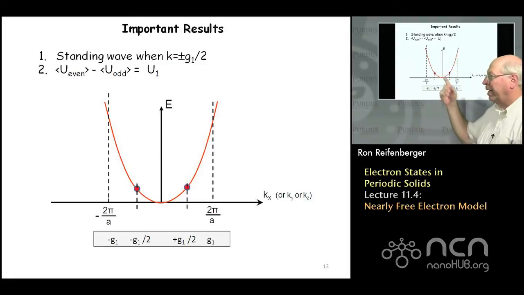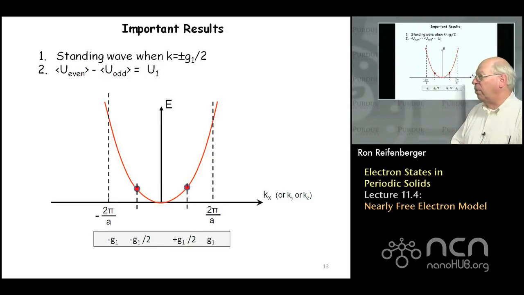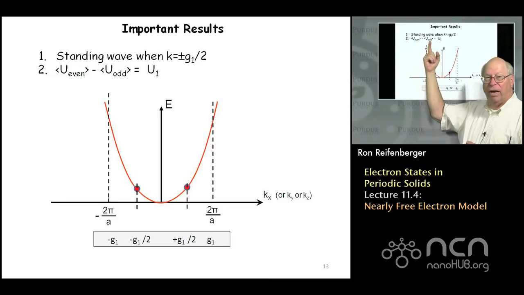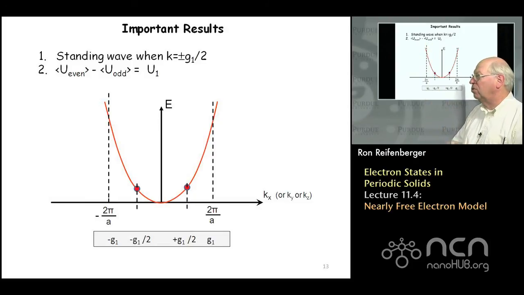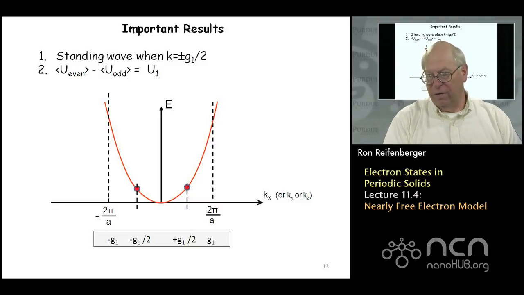What it basically predicts is that at these particular values of k, which are given by half integer multiples of a reciprocal lattice vector, you'll get a standing wave. And it also predicts that the difference in the electrostatic potential energy between a standing wave described by an even wave function and a standing wave described by an odd wave function is just this parameter U1, which is what we use to model the electrostatic potential energy in a nearly free electron model.